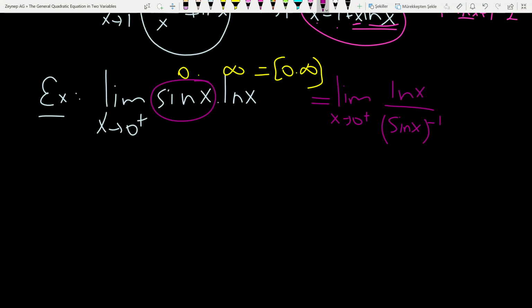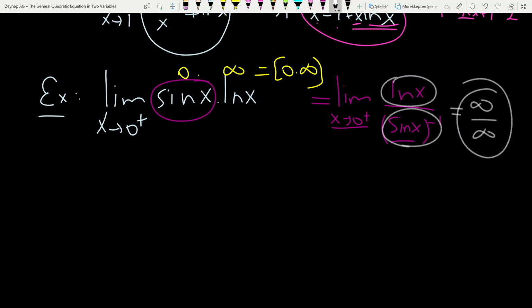When x tends to 0 from right, 1 over sine x goes to infinity, and ln x of course goes to infinity. Since you have infinity over infinity case, you can apply L'Hopital's rule. Let's apply.